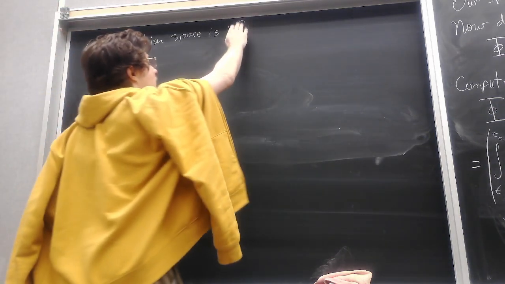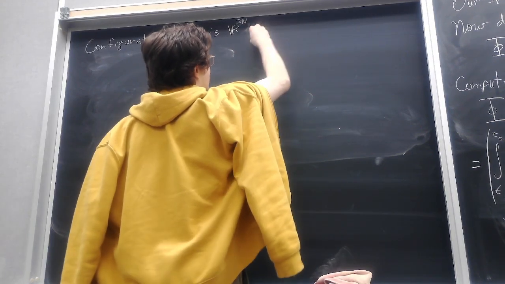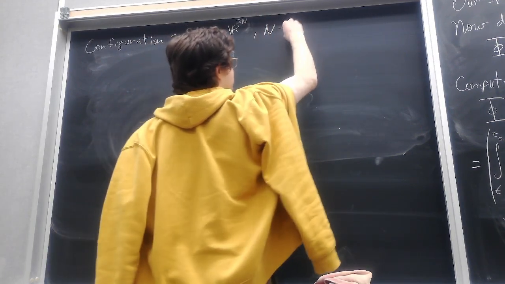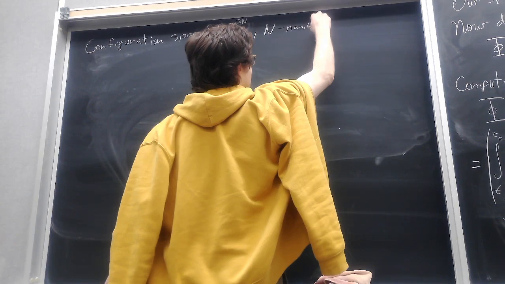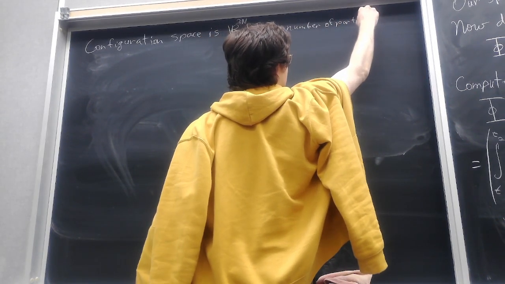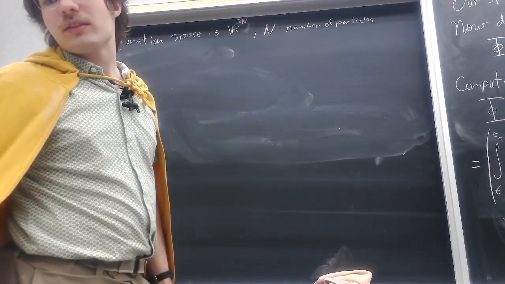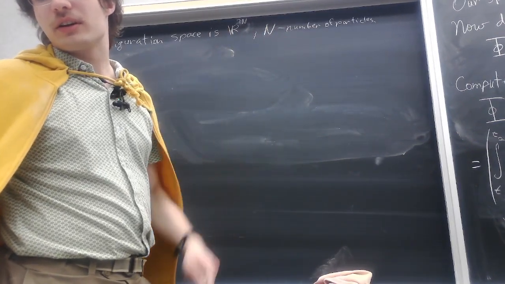Actually, let's say there should be 3n, where n is the number of particles that I'm describing. Do you agree? This is something that we'd give in Cartesian coordinates, right?